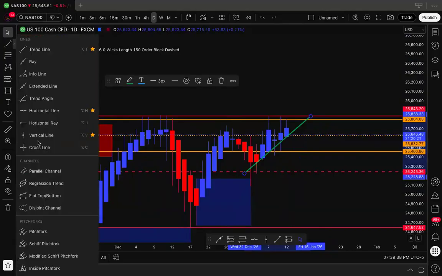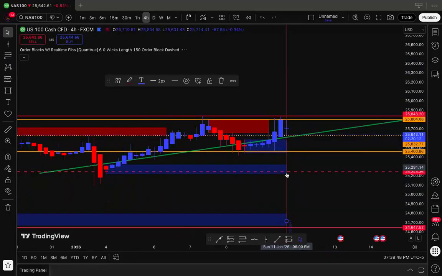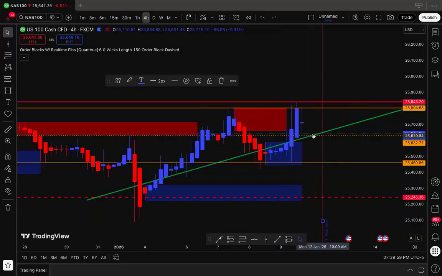So where I will be looking to take the buy for now will be right here where it's actually at.